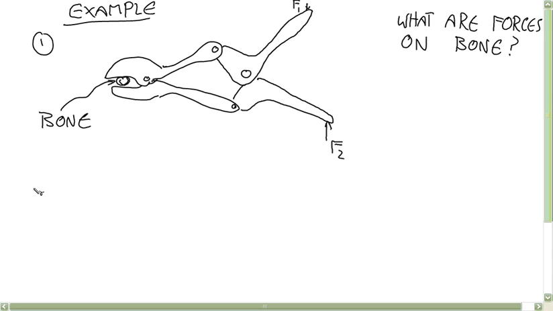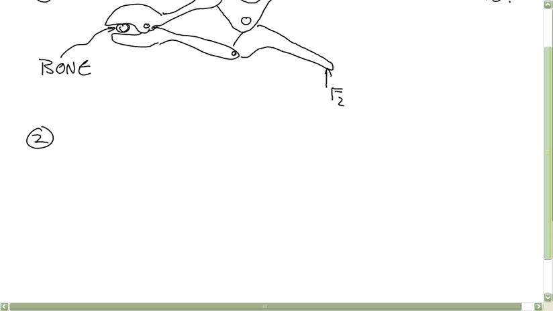Another example, one that maybe isn't as obvious as an engineering problem, but it's the kind of thing that I actually did during my master's. My master's was in biomedical engineering. Say you have a diver standing on the edge of the 10-meter board.